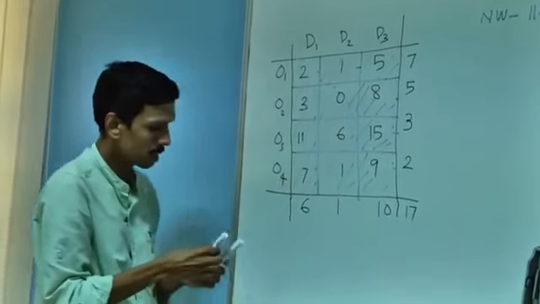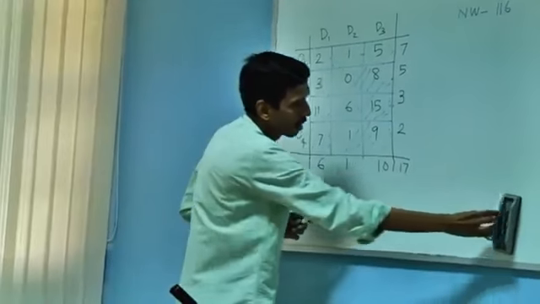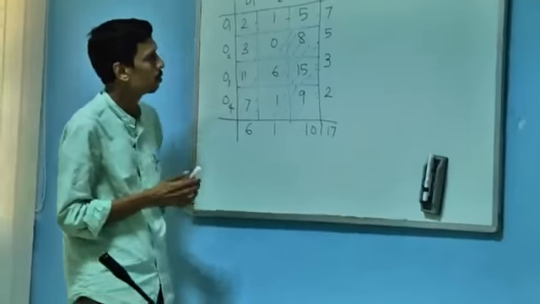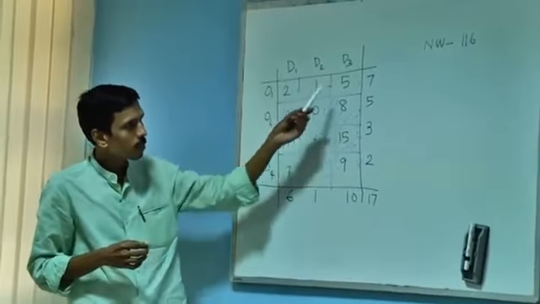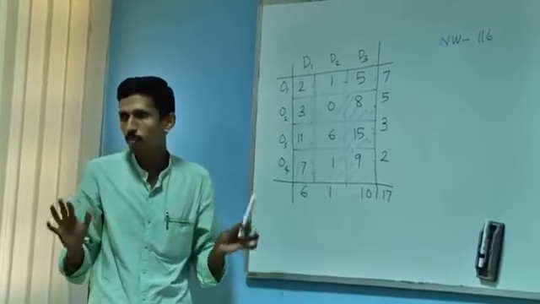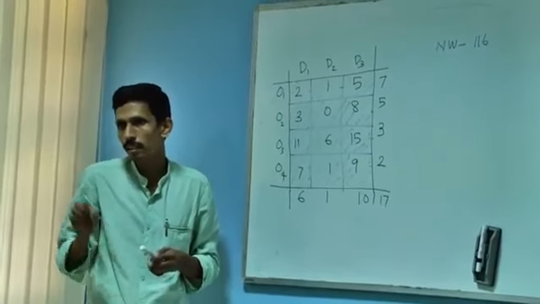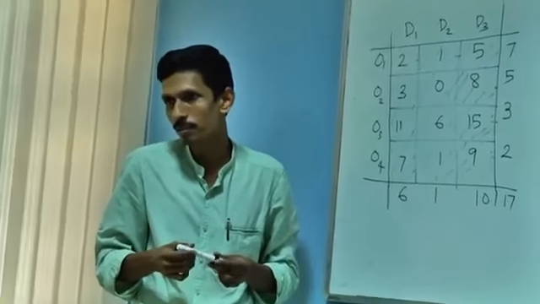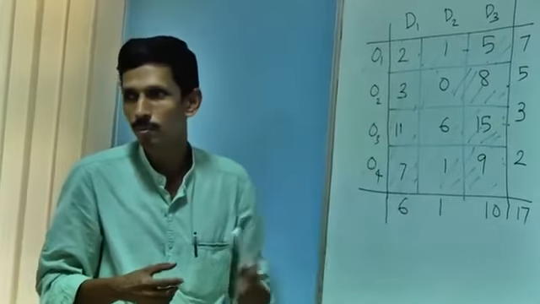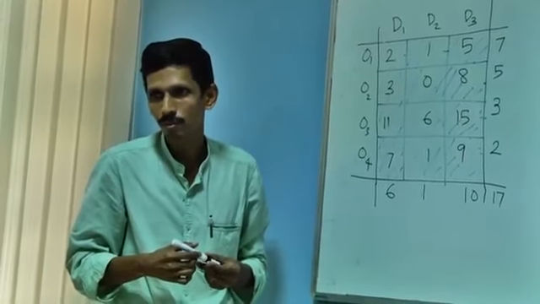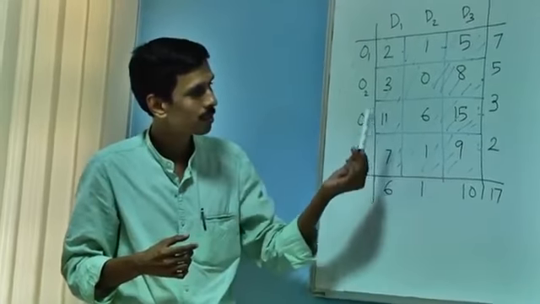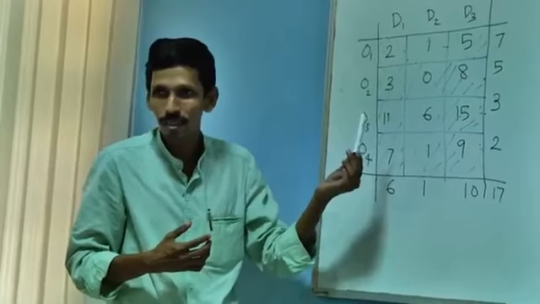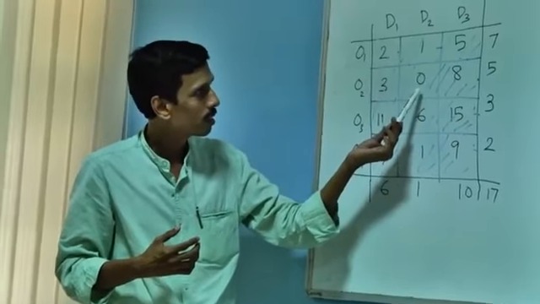We want to allocate using matrix minima. Look into the entire matrix and see where the minimum cost of transportation is. Where is it? Yes, O2 to D2.